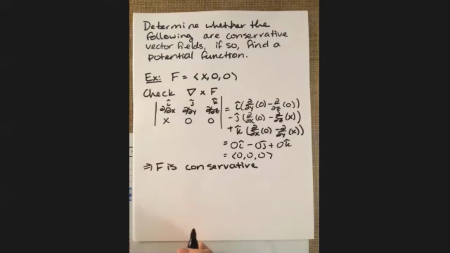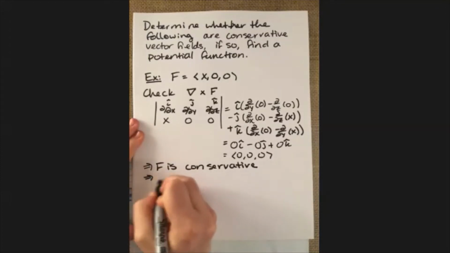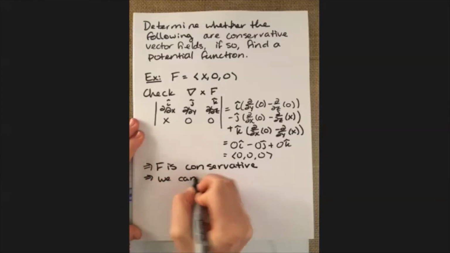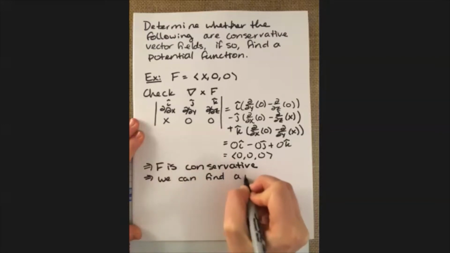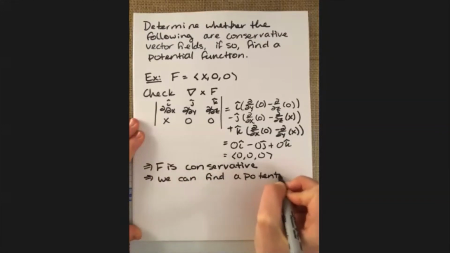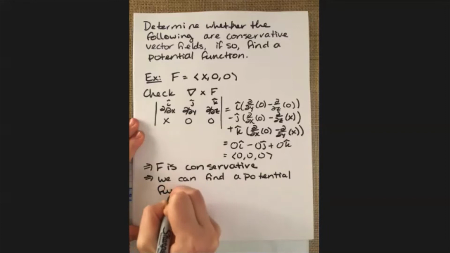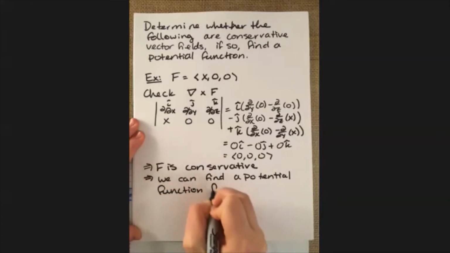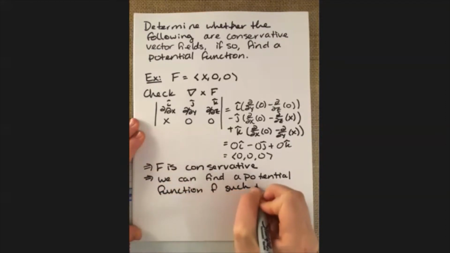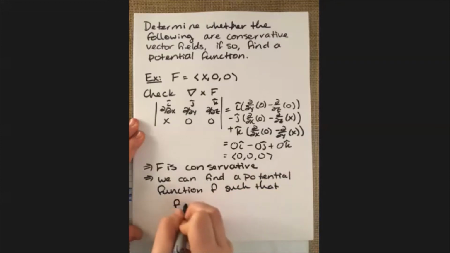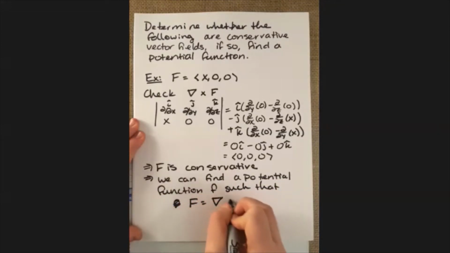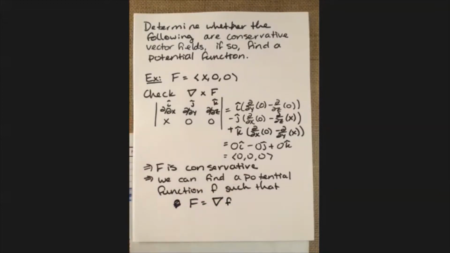So now at this point, this means that there is a potential function to find. Remember that this is such that F, or capital F, is equal to the gradient of our little f that we're looking for.